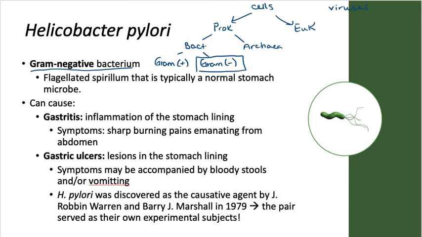And then how gram-negative bacteria are different from gram-positive is that they have a thin peptidoglycan cell wall, whereas gram-positive bacteria have a very thick peptidoglycan cell wall.